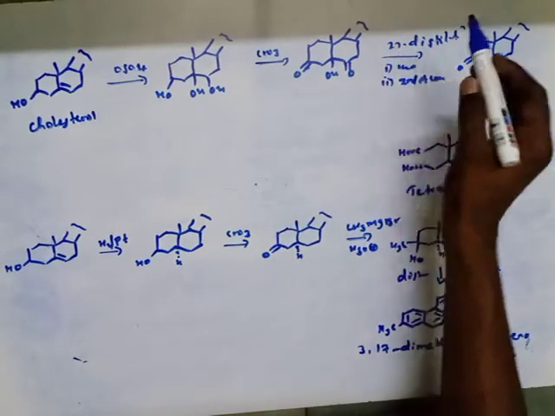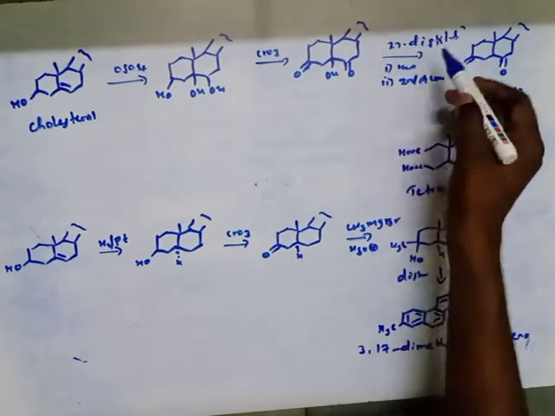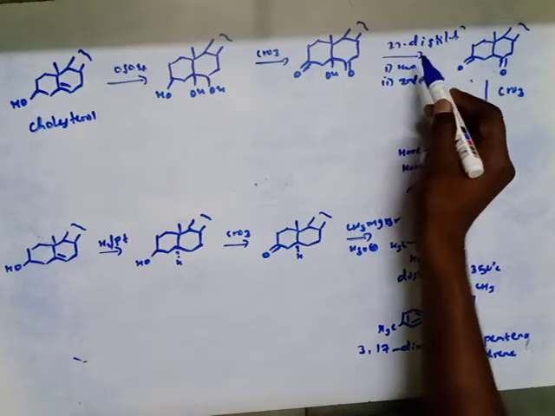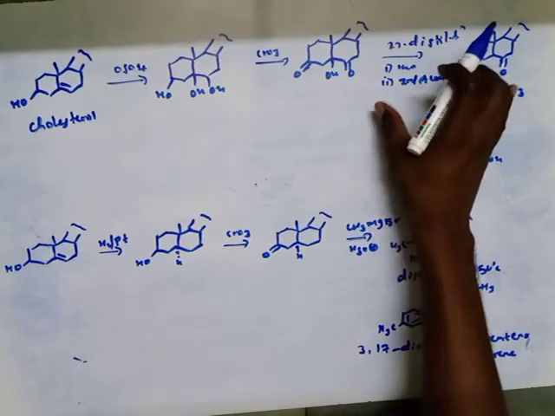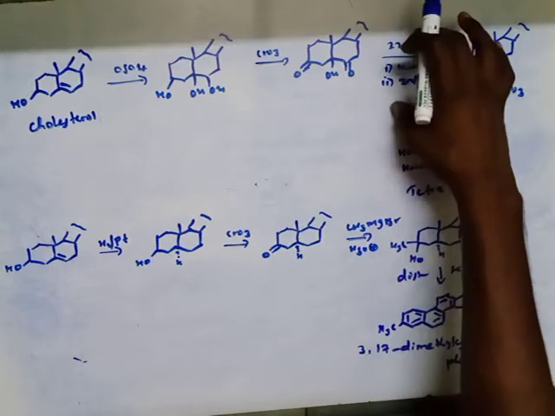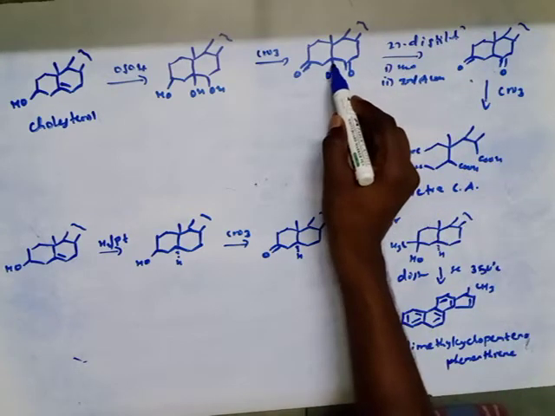Then it undergoes zinc distillation, that means hydrolysis in the presence of zinc and acetic acid, which is used to remove this OH group.